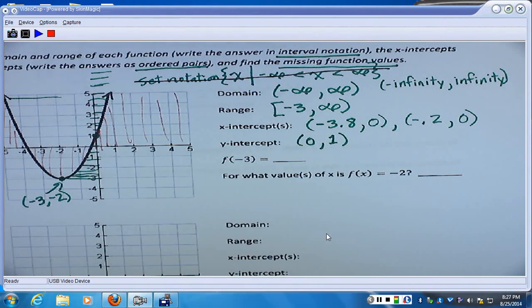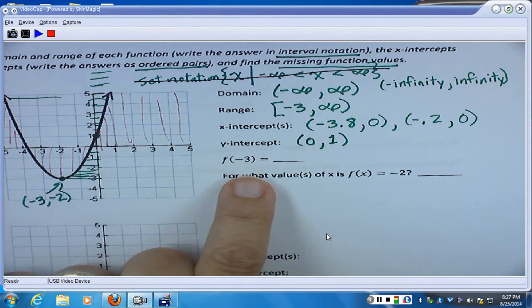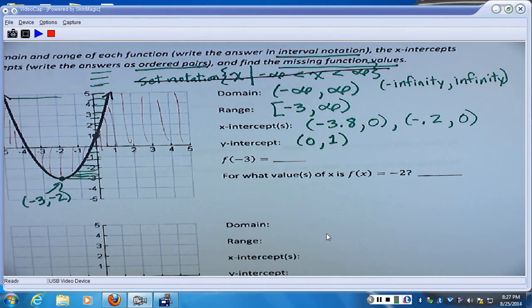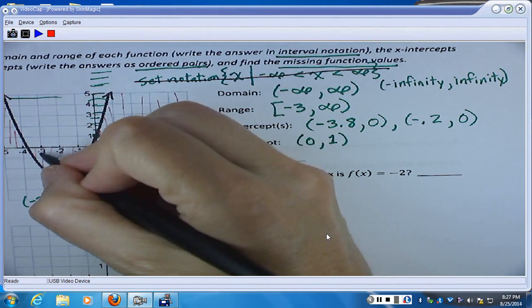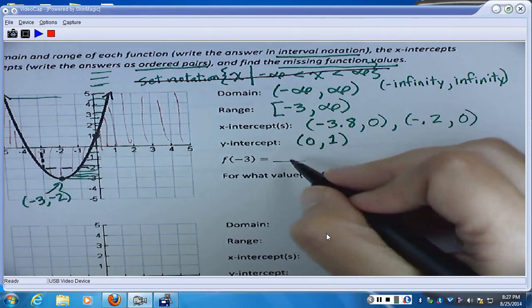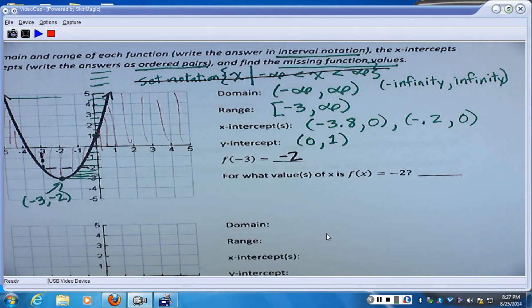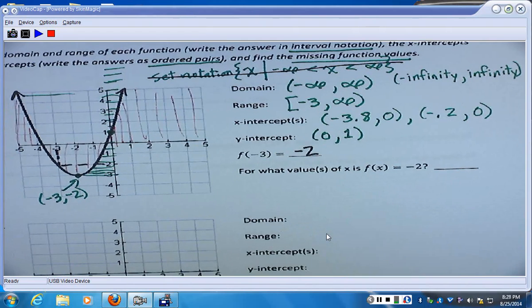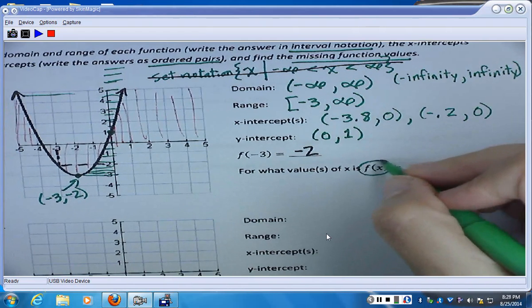Okay, and then what's f of negative 3? So when x is negative 3, what's y? Negative 2. Right. And then for what values of x is f of x equal to negative 2? And that's y.